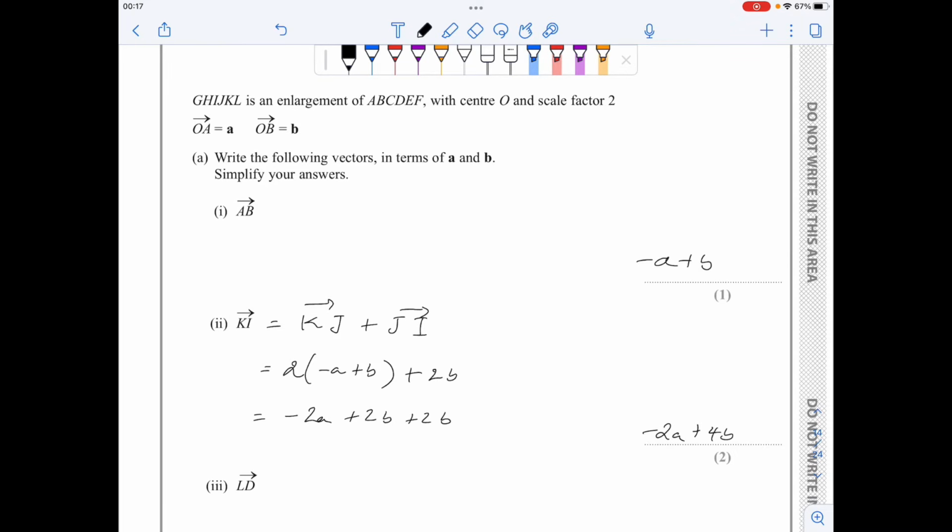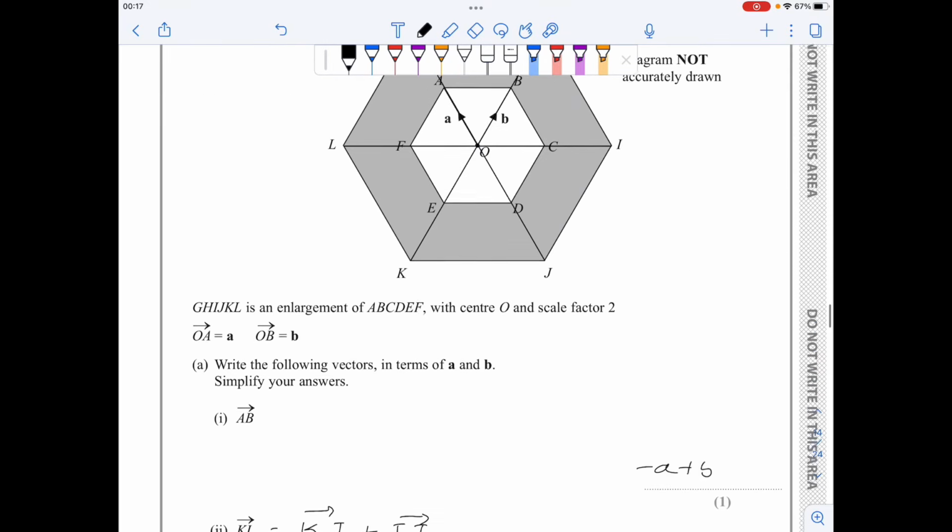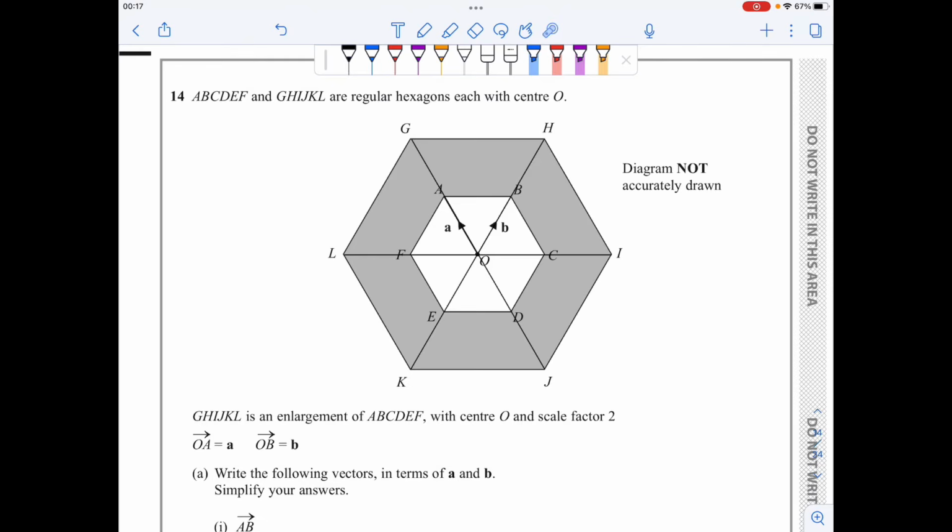And then for part II, I need LD. This is L, this is D. So I will go horizontally from L to D. This is twice AB, same as before. And then I'm going to travel from O to D, which is the same as going A backwards.